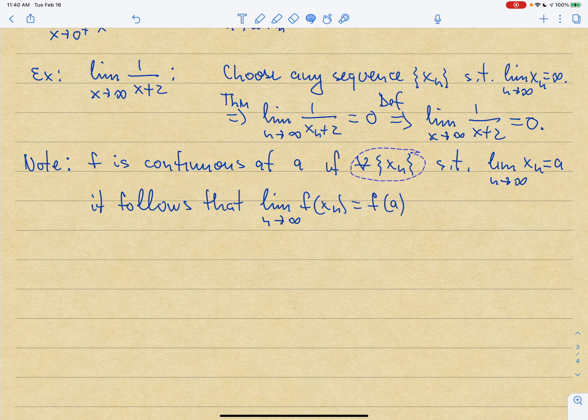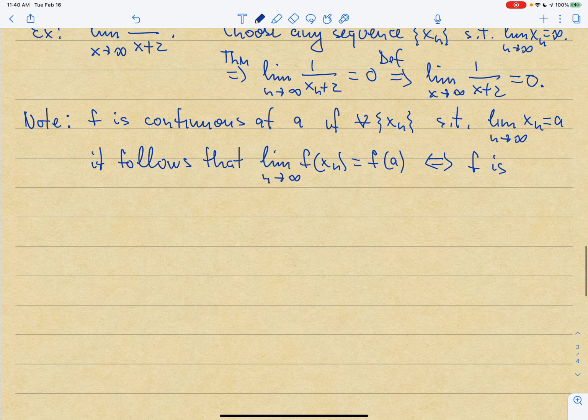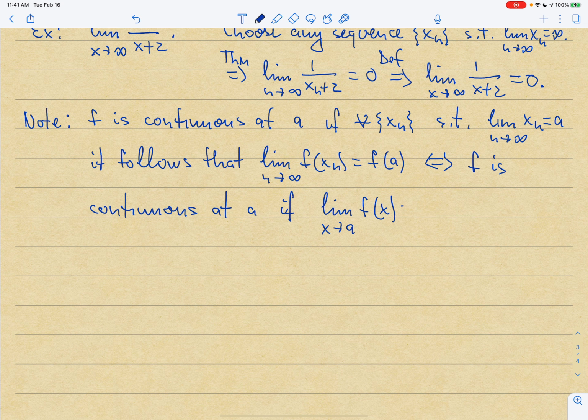So that means that I'm talking about a limit as x goes to a. So this is equivalent to saying that f is continuous at a if the limit as x goes to a of f of x is equal to f of a, right?